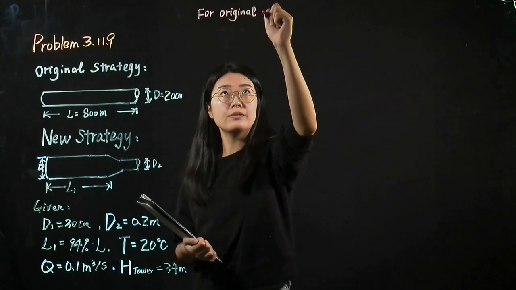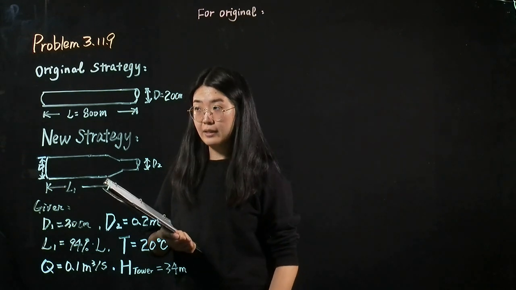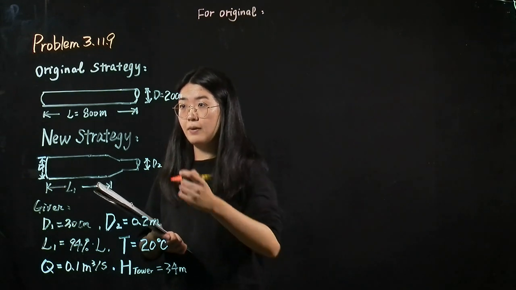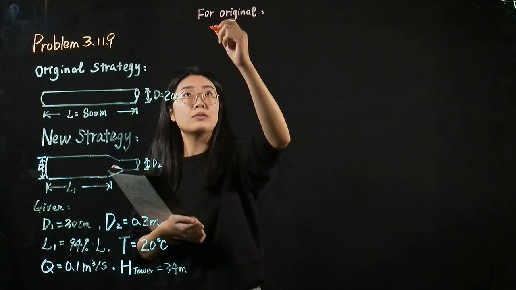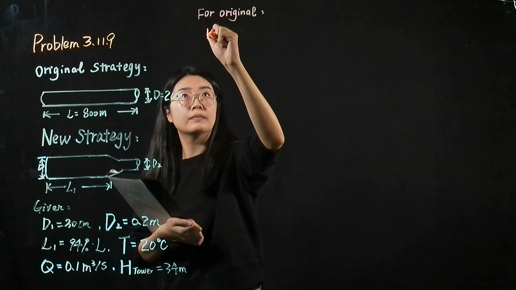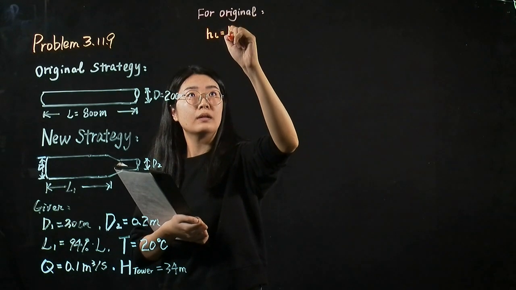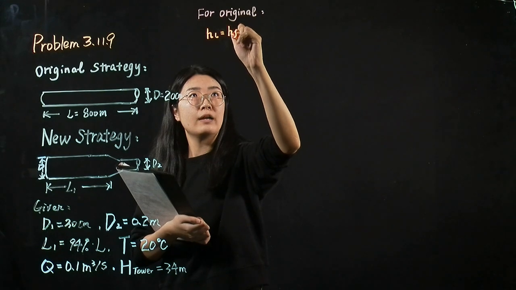For the original strategy, the head loss is mainly contributed by the friction loss. So HL is equal to HF.